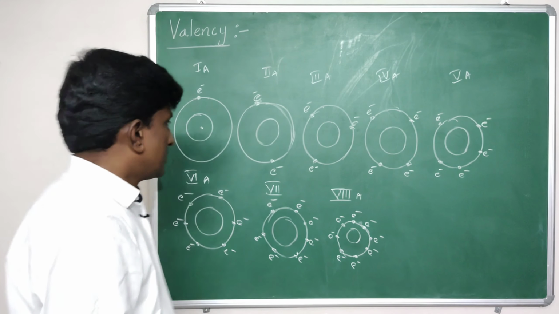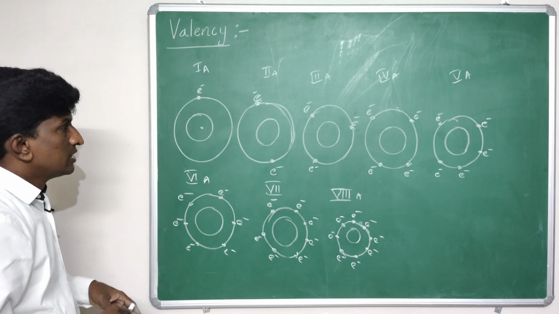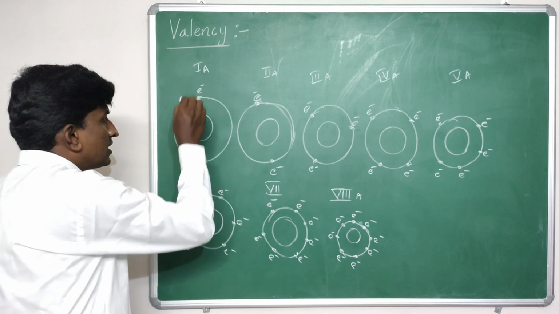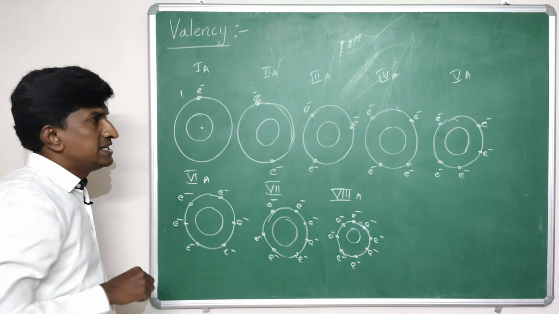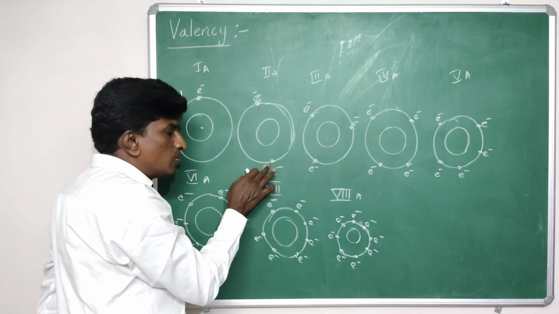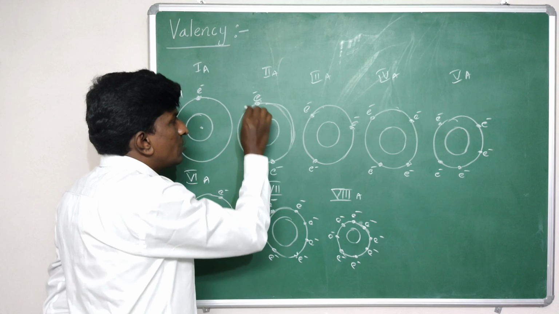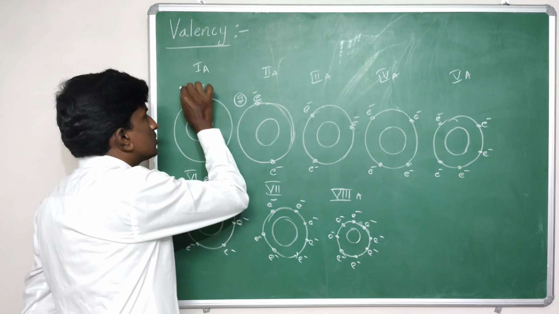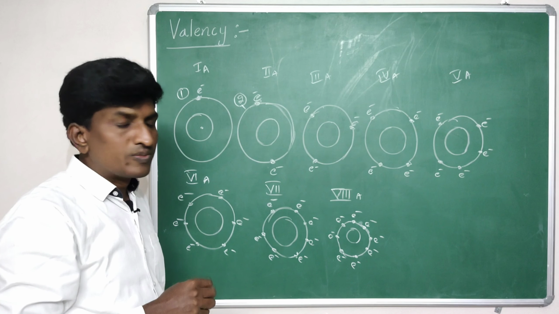So here let us take the first group element in the second period. It has only 1 electron in its outermost orbit. So its valency is 1. Then in the second group of second period elements, they have 2 electrons in the outermost orbit. So its valency is 2.